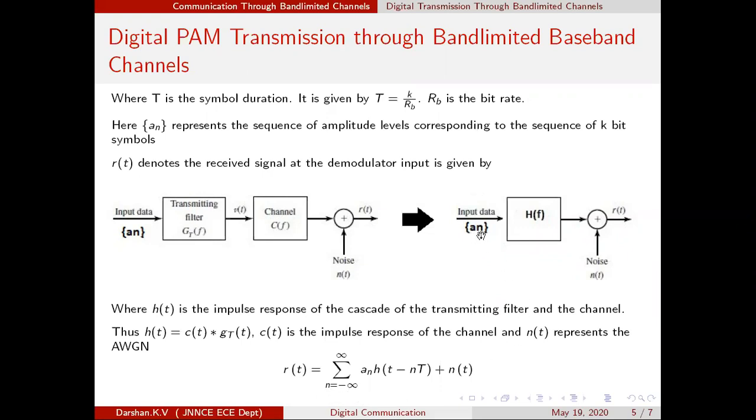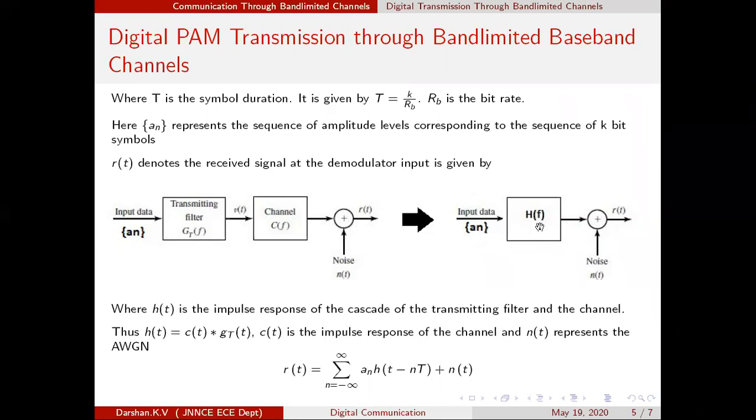So r of t is equal to, you have the input data a_n, and just analyze how this has been written. Here you consider only one pulse. So what can one write? a_n into h of t.